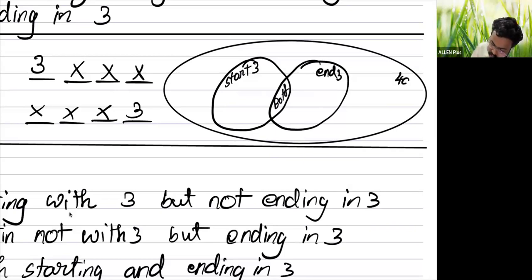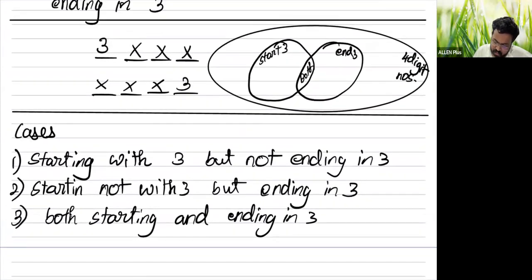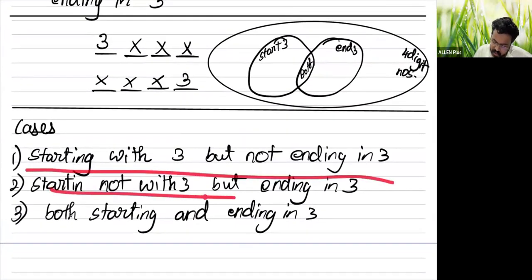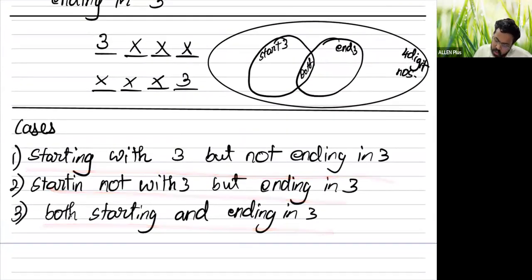This is 4-digit numbers. I hope you understand that from the entire set of 4-digit numbers, you can have numbers that start with 3, numbers that end with 3, and there is an intersection region which is both starting and ending in 3. So these are the cases that you can make. Try to verify that all these 3 cases are actually independent of each other.